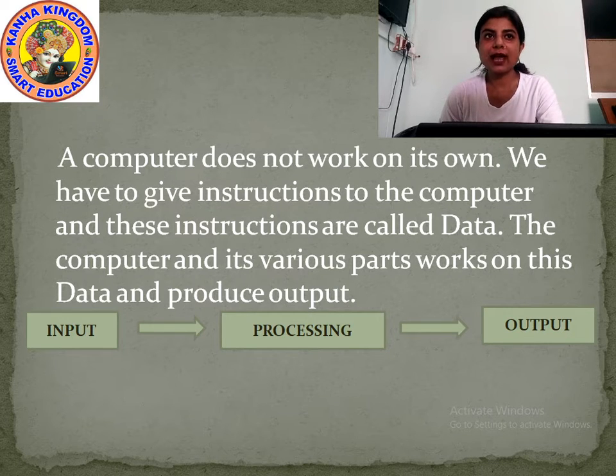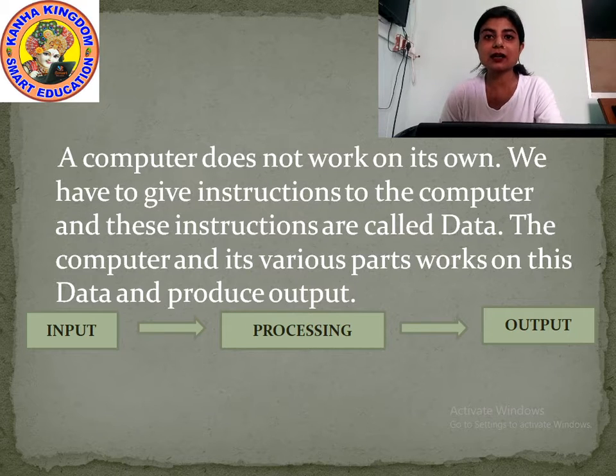The computer and its various parts work on this data to produce output. Just now I told you we need to give instructions to a computer, and those instructions are called data. What is it called? It is called data.